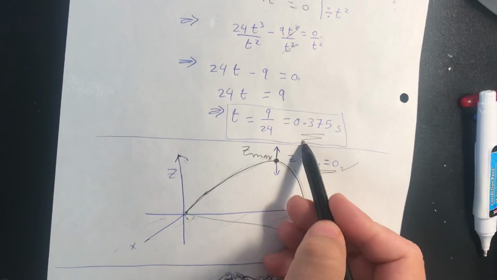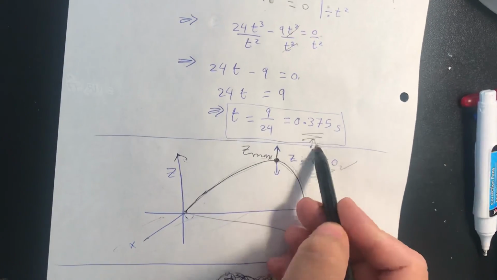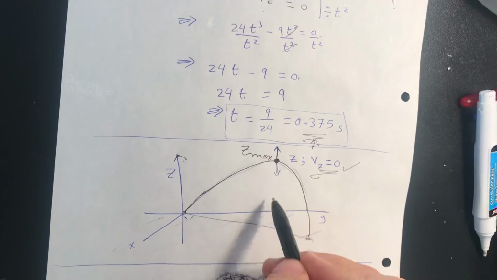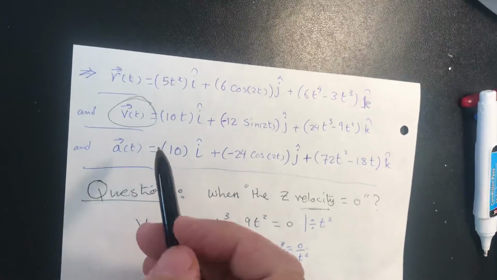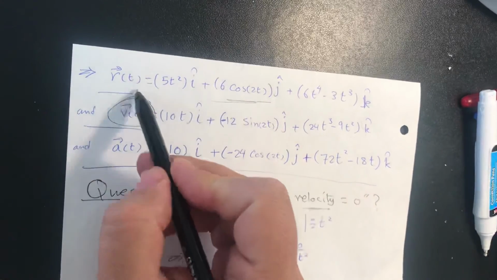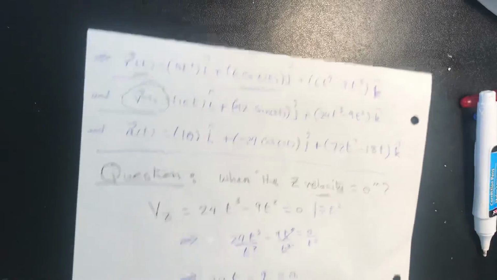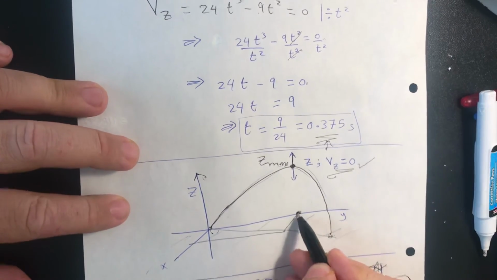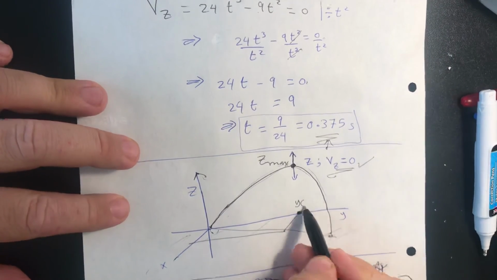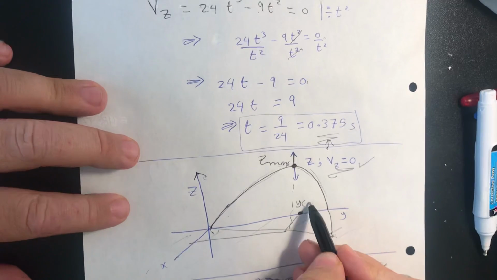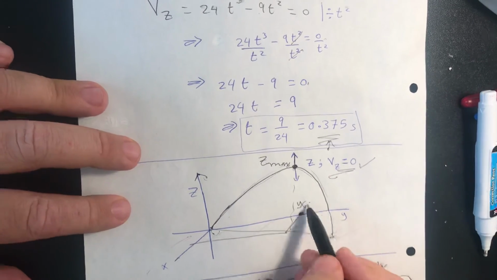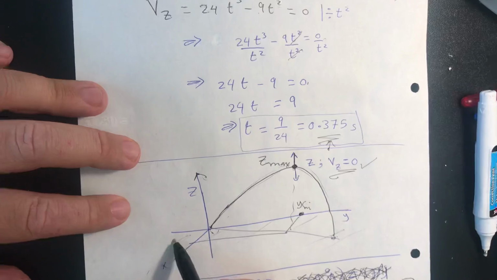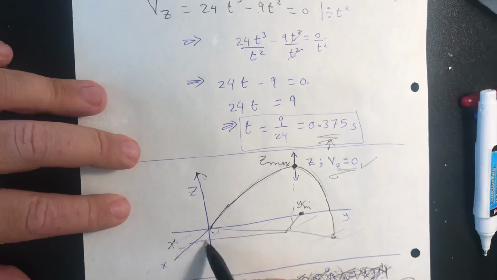By finding the time, I can apply that in, for example, the y position. Then I will find that y component, y at the maximum point, and this is x at the maximum point.